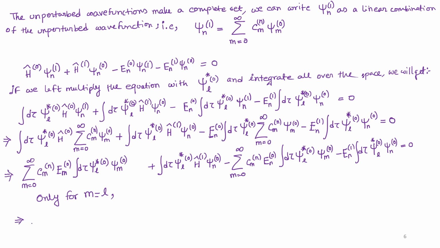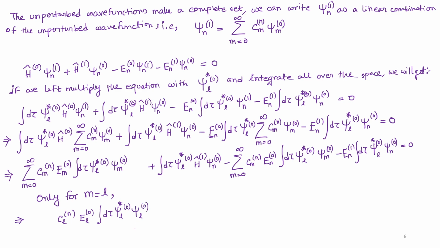So for this we are going to get CL, right? I have gone to the Lth state. Energy of this, and for this what we have now, we have psi L 0th star, psi L 0th, right? I'm going step by step, I'm not jumping any step.